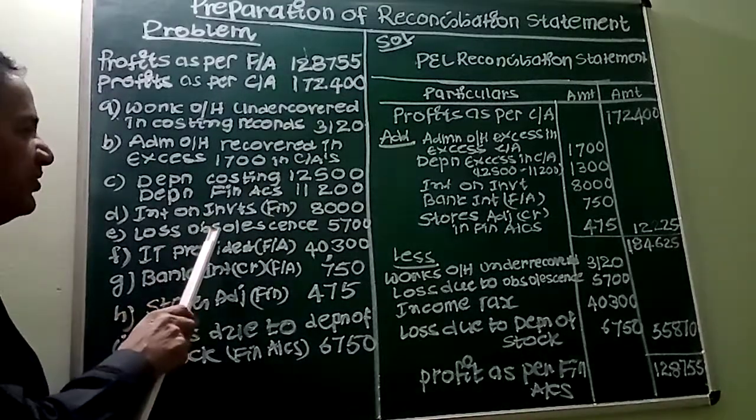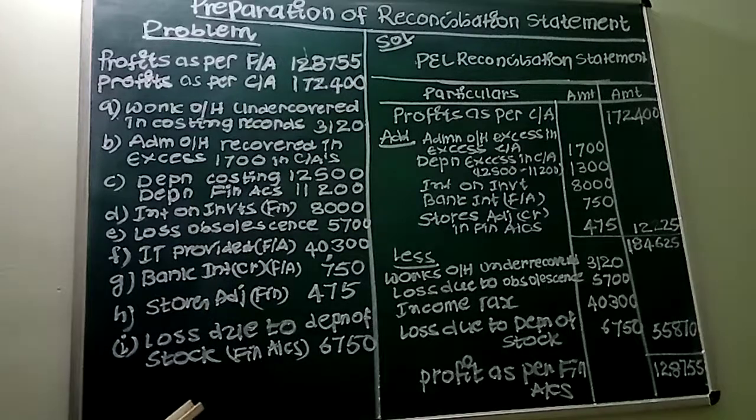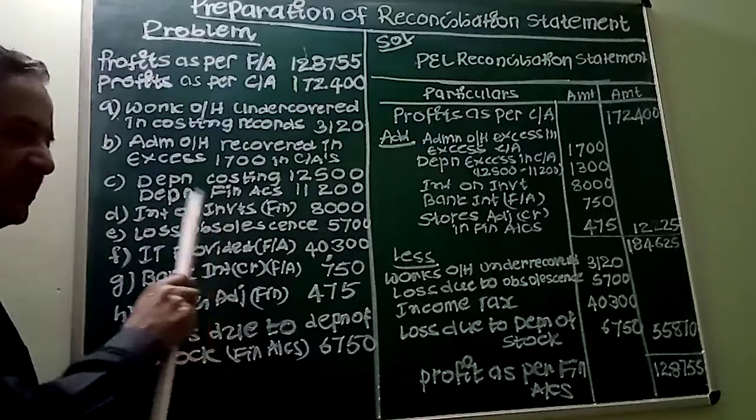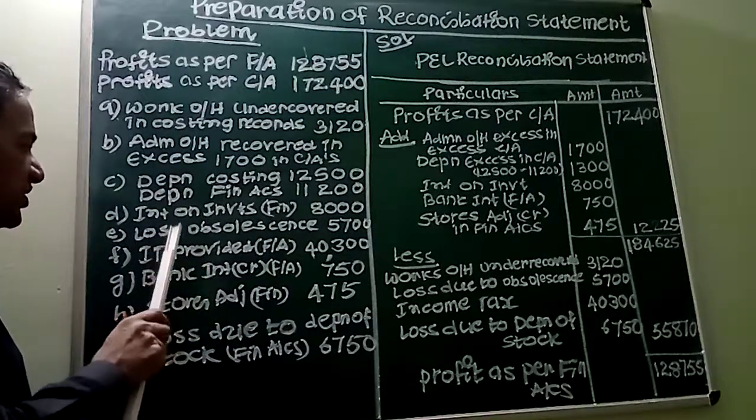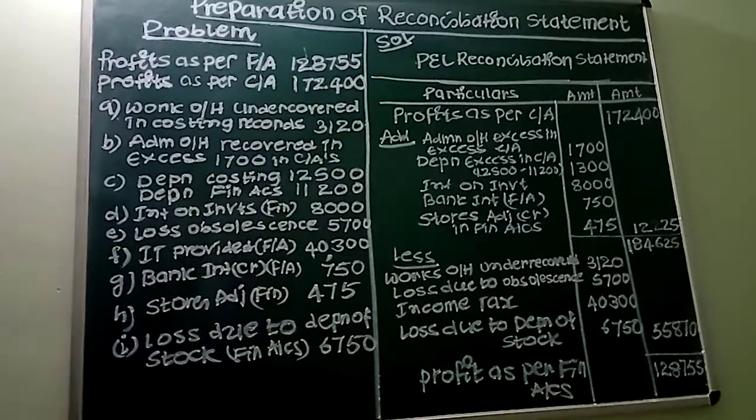Loss due to obsolescence. This loss is charged only in financial accounts. Again, this is exclusively and purely a financial loss or financial charge. Loss due to obsolescence, 5,700. This will not be considered or counted in cost accounts.